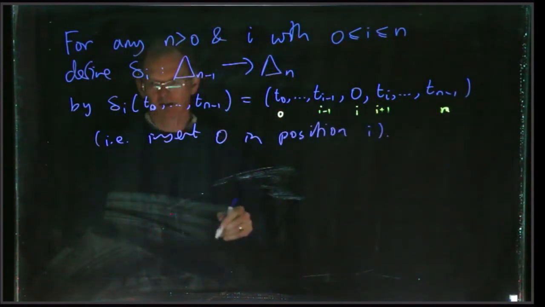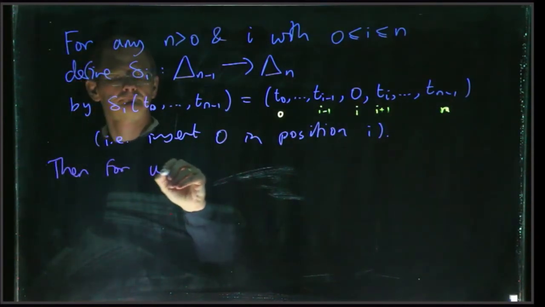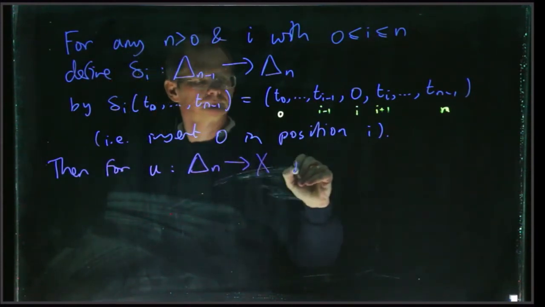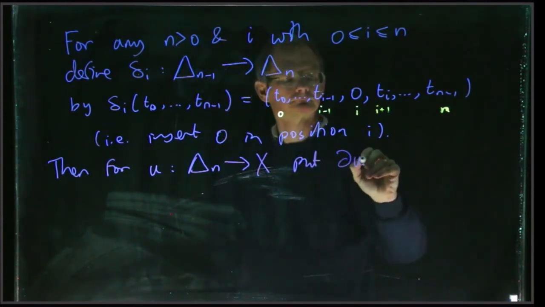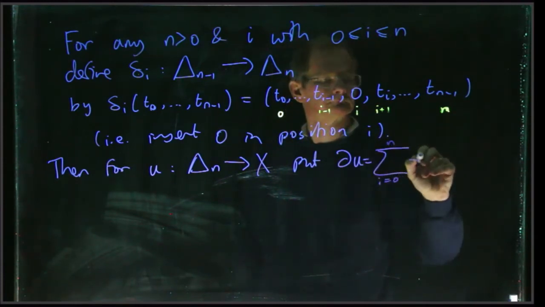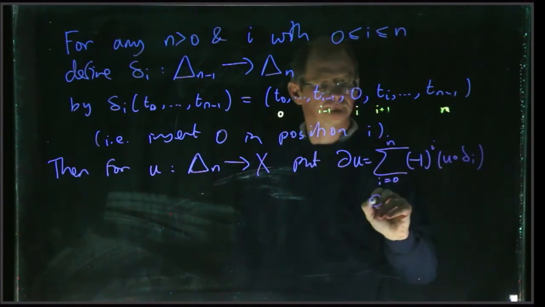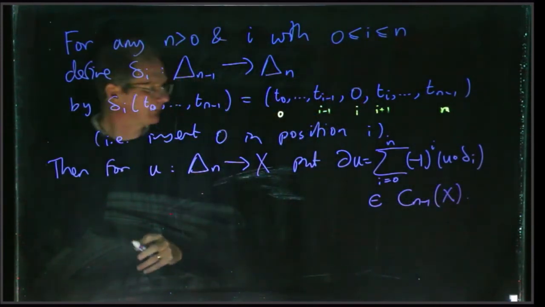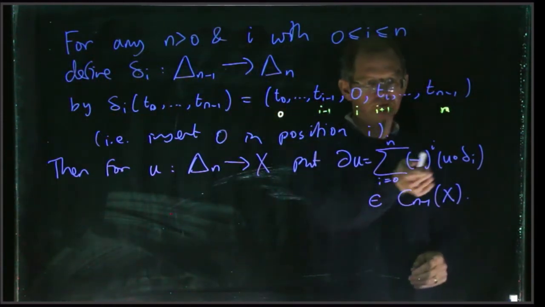Okay. So now if I've got some map u from the n-simplex into a topological space X, then I define du to be this expression here.